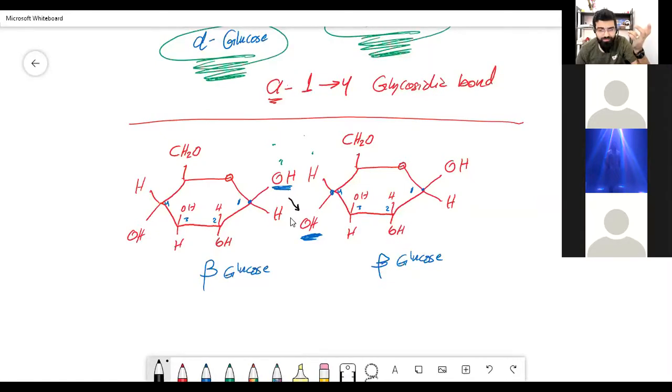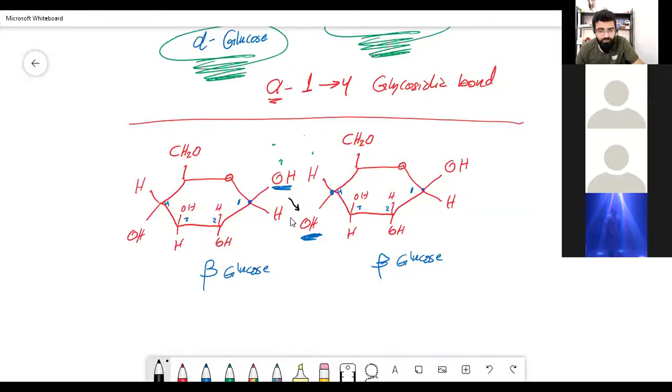Do we just move it up? Do we just move the other glucose molecule so they're on the same level? No. Can't you just cancel them both out?